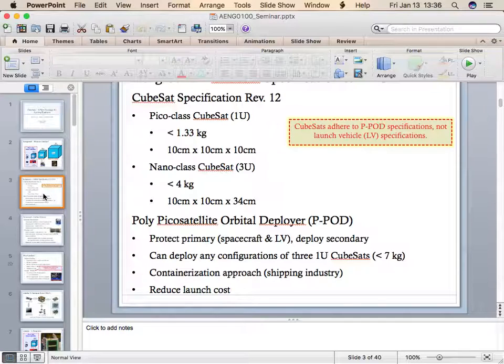So this is what we talked about in the last class. These specifications are given by, right now, we, an academic institution, we follow the CubeSat design specifications. Okay?